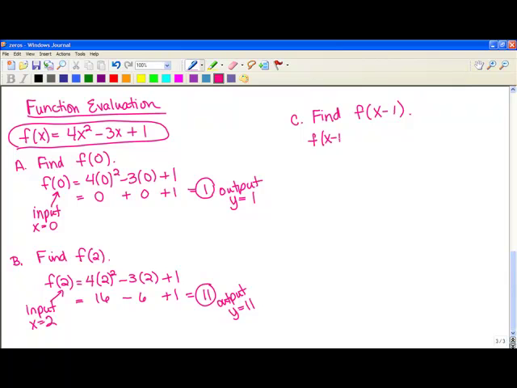So it'll look like this. f of x minus 1 will equal 4 times x minus 1 squared minus 3 times x minus 1 plus 1. What we'll need to do is get rid of the parentheses. So x minus 1 squared is the same thing as x minus 1 times x minus 1.